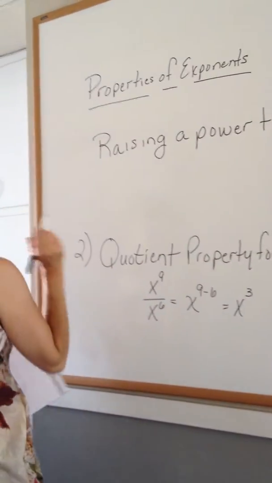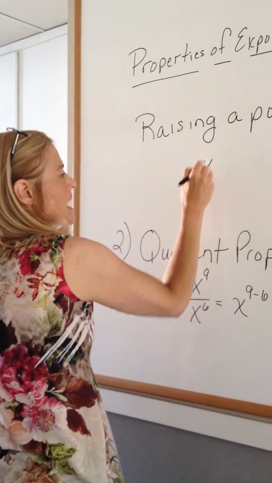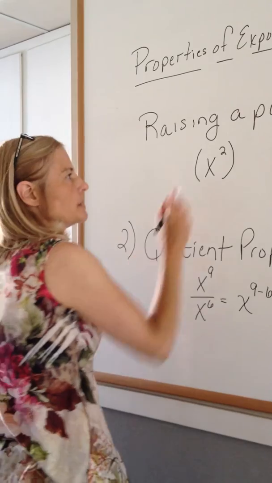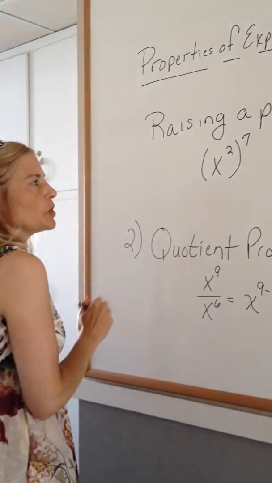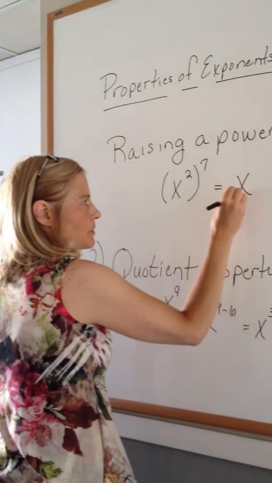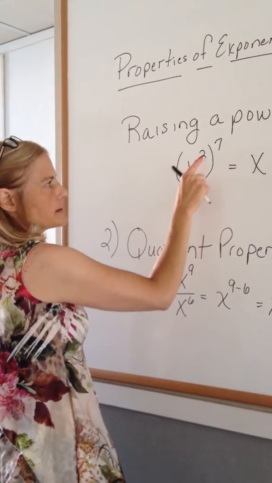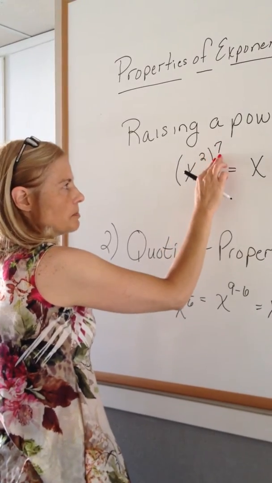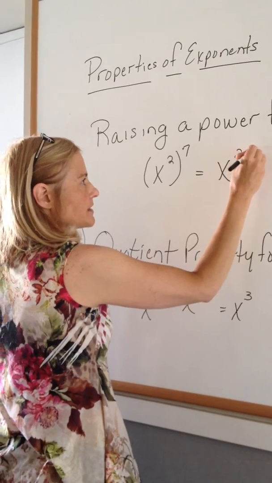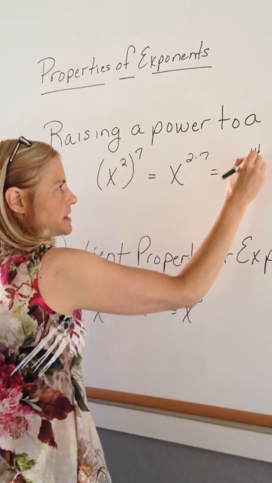And when you raise a power to a power, this means if you had x squared and you raised the x squared to a power, what are we going to do with the exponents? You multiply them. So when you have a power, in this case x to the 2nd, raised to a power, to the 7th power, you take and you multiply the exponents together. And you're going to end up with x to the 14th power.